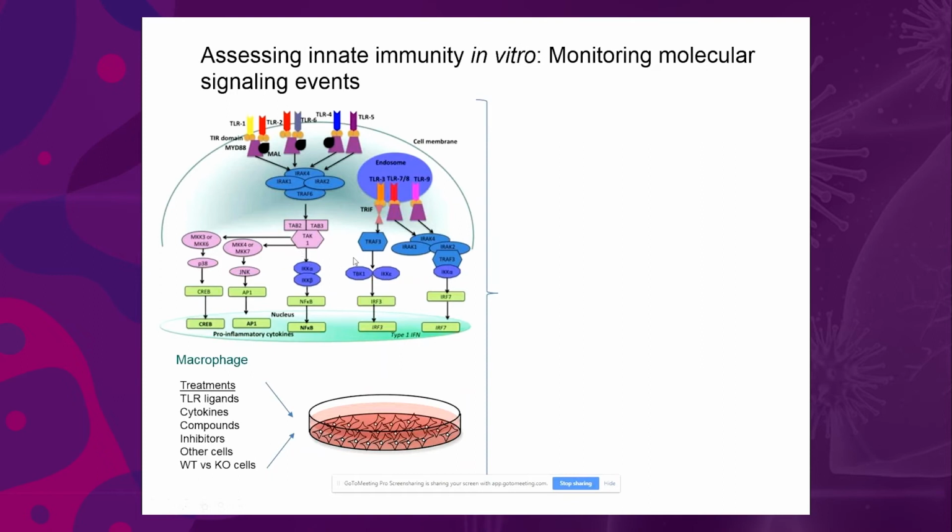And someone can study that in the lab by looking at which of these molecules, which of these pathways are activated, whether a ligand, a compound, an inhibitor, the presence of other cells, if we're talking about co-cultures, the influence of a factor we have identified, a component of a microbe, how this can affect classical innate immune activation. So the first part that someone can look at is the signaling cascade that leads to the activation also of transcription factors.